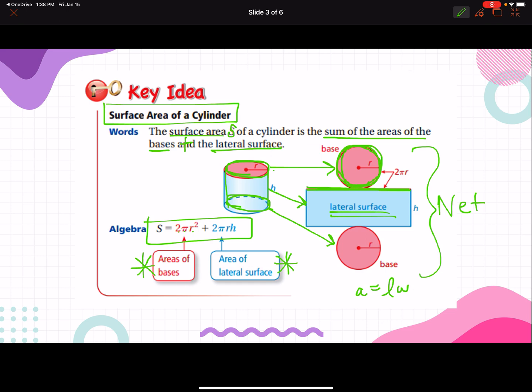So we're taking the circumference of the circle in place of L, and then the regular height in place of W. So the formula that we're going to use is S equals 2 pi r squared plus 2 pi r h. We have the circles, or the bases, and the lateral surface, which is the rectangular part.